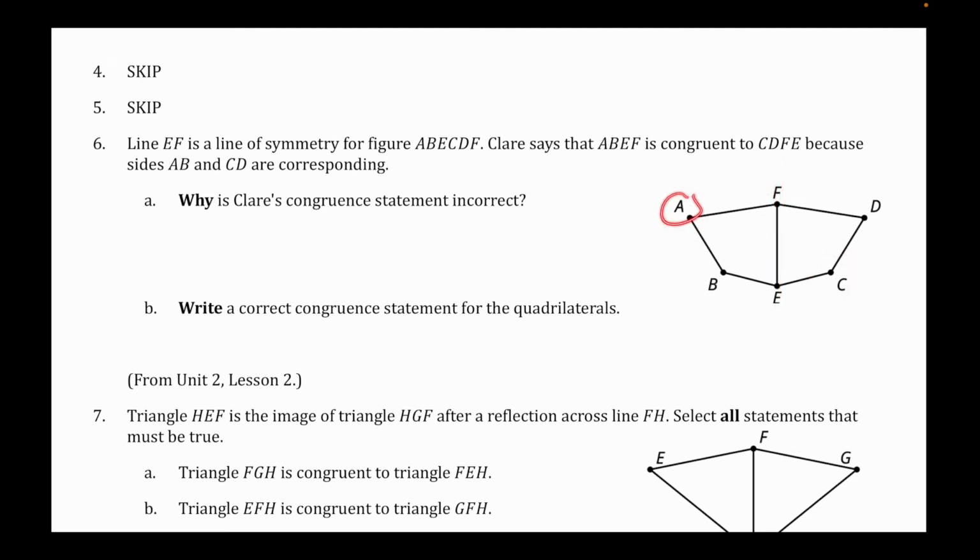A would actually correspond with D, so we should be starting at D. So I am going to say her statement is incorrect because it's out of order. It is in the wrong order.